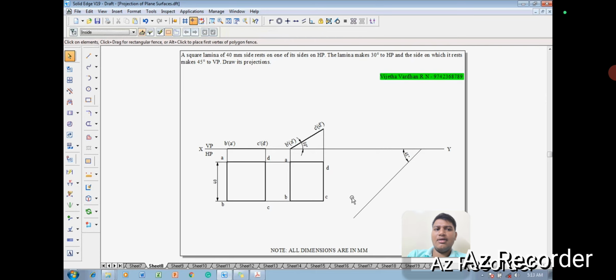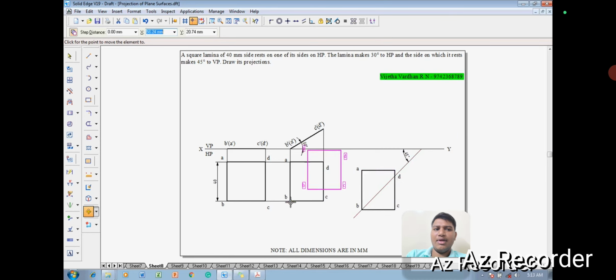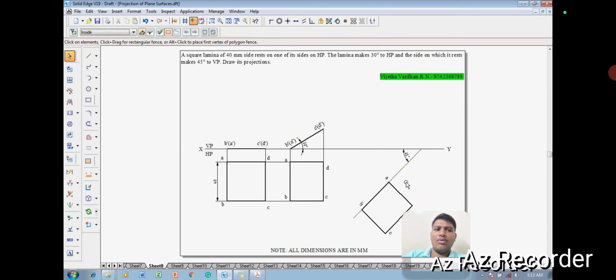I take a length. I'll copy the full square and move that square to the 45 degree line. I'll place it on the 45 degree line. Now I'll go to the rotate command and rotate by clicking one side, then the other side, so that AB lies on the 45 degree line.